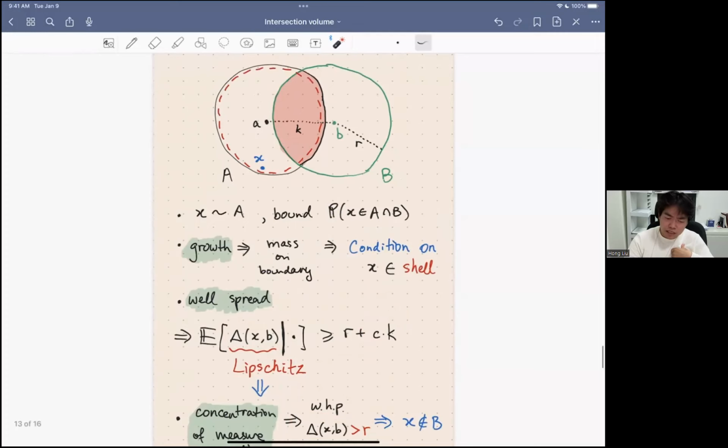That's precisely saying that X falls outside of B with very high probability. Take the complement: with very low probability, X lies in this intersection. And that's exactly what we want to prove.